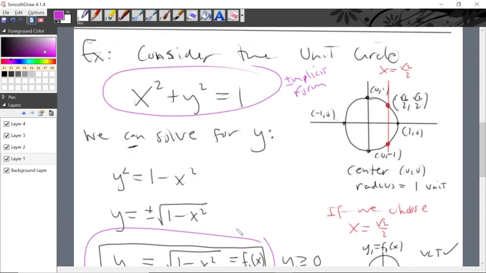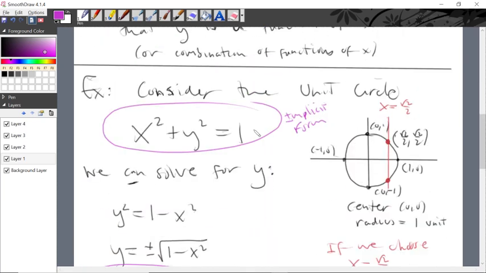Geometrically, if we wanted to find the slope of the tangent line at this point right here, we could determine the derivative at this point implicitly using this equation, if we can avoid the upcoming algebra.